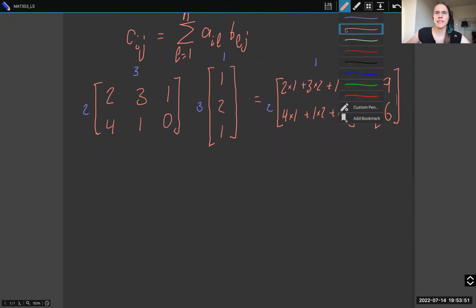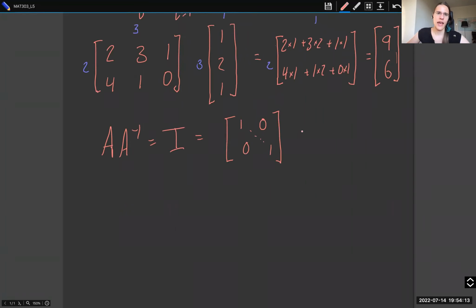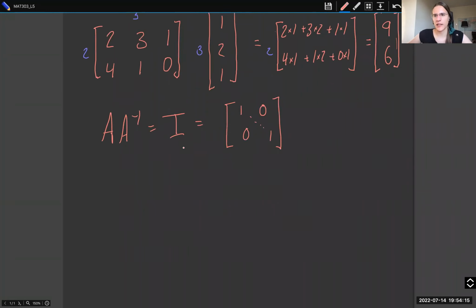Now, the thing is that sometimes we're going to care about inverting matrices. So the property of an inverse matrix is that A times A inverse is equal to the identity matrix, where the identity matrix is of the form 1s on the diagonal and 0s everywhere else. And I told you before that there's a trick for inverting 2 by 2 matrices.